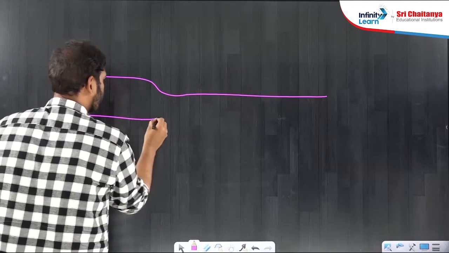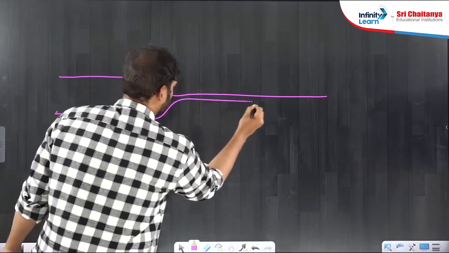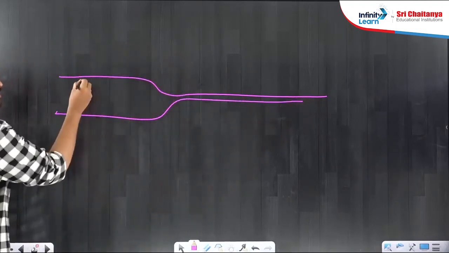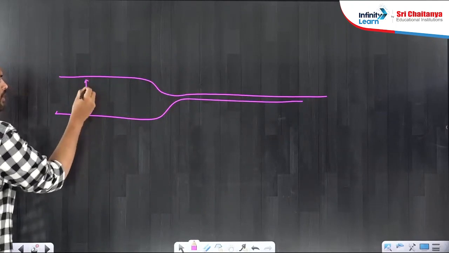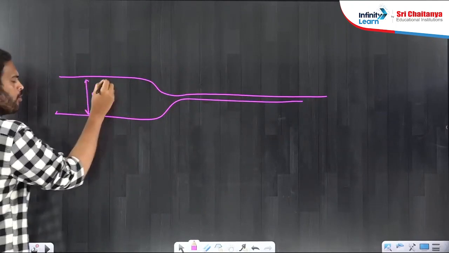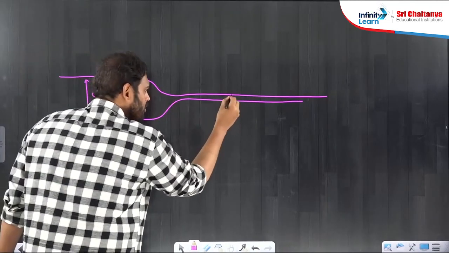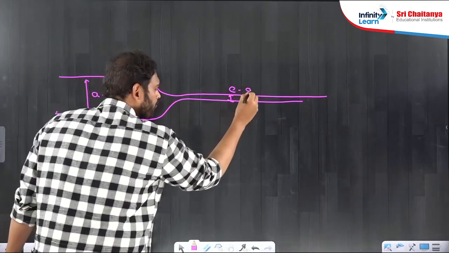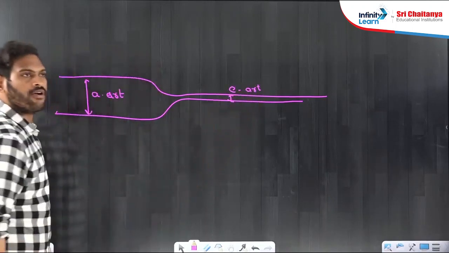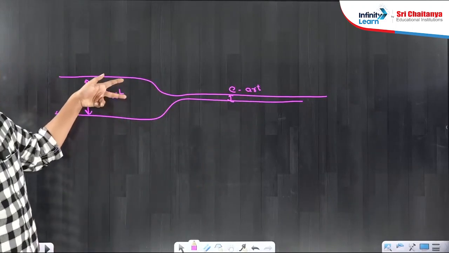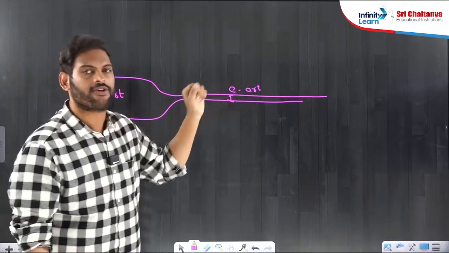Afferent has more diameter, but efferent has less. This is the diameter of afferent arteriole and the diameter of efferent arteriole. Afferent always has much more diameter compared to efferent arteriole.